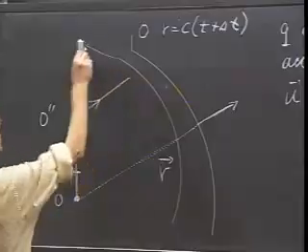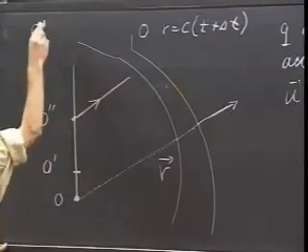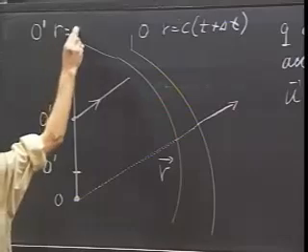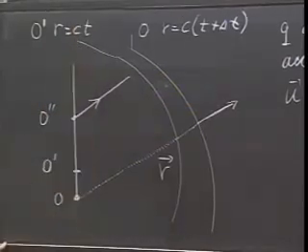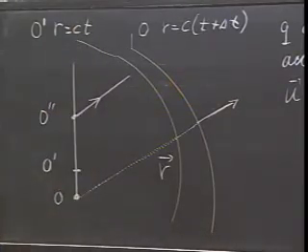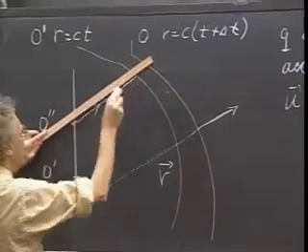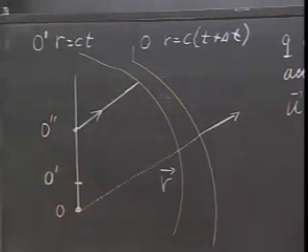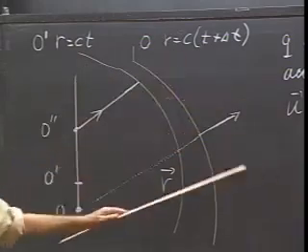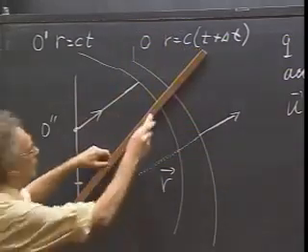It has the origin at O prime, and the radius is ct. Everything inside that sphere recognizes that the field is radially outward from point O double prime, and everything outside still thinks that the electric field is like this.